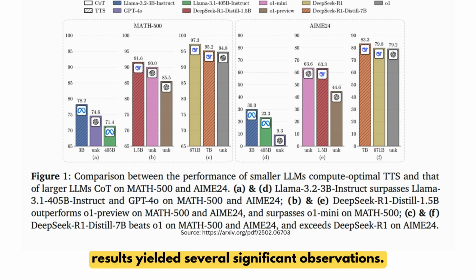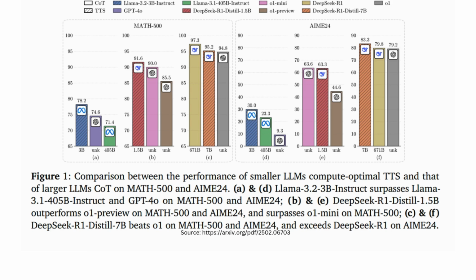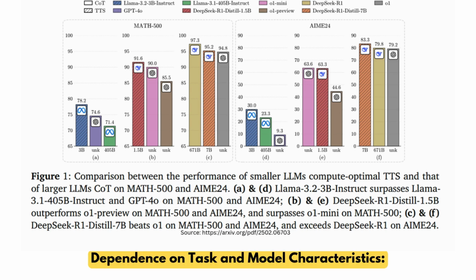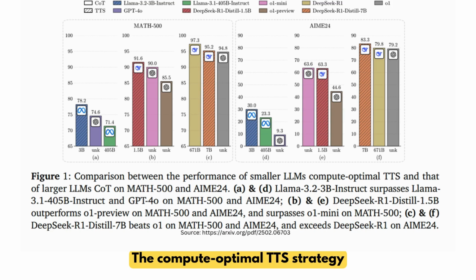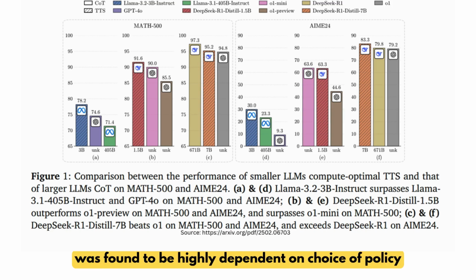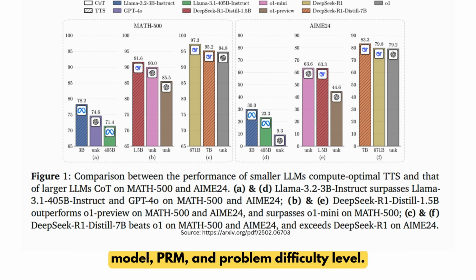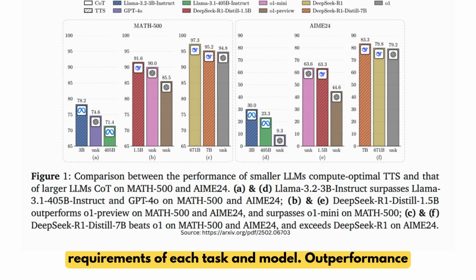The experimental results yielded several significant observations. Dependence on task and model characteristics. The compute-optimal TTS strategy was found to be highly dependent on the choice of policy model, PRM, and problem difficulty level. This highlights the importance of tailoring TTS strategies to the specific requirements of each task and model.